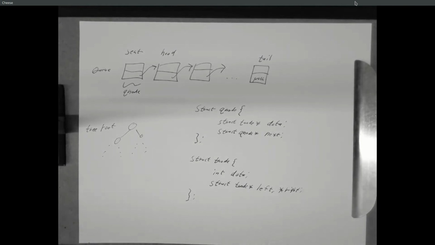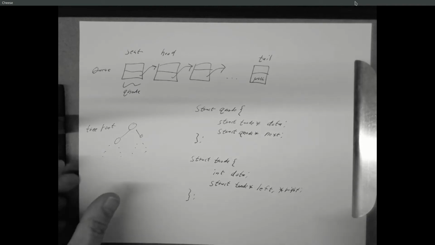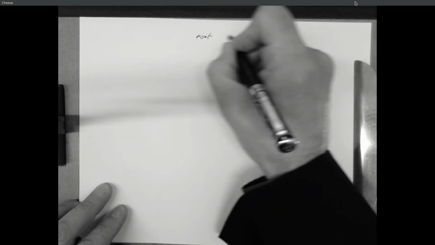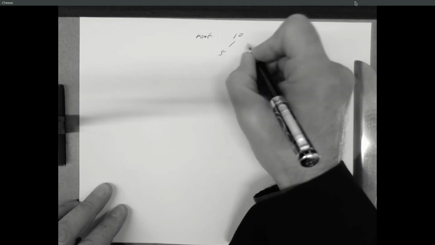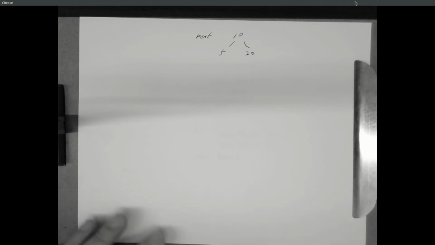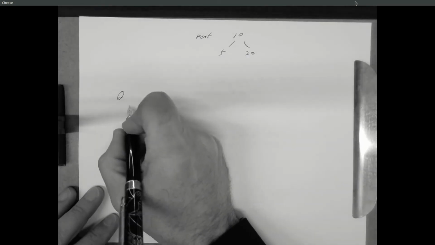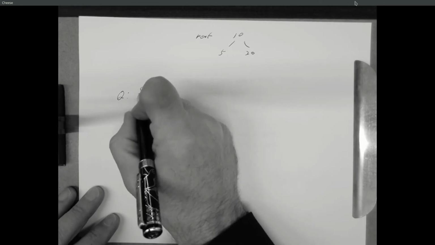But in practice, if you were to think about this, let's say the root of your tree looks like this. Okay, so step one, we insert the root of the tree into our queue. So our queue kind of looks like this. Here's a sentinel.